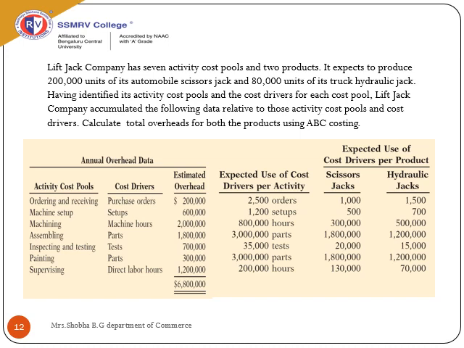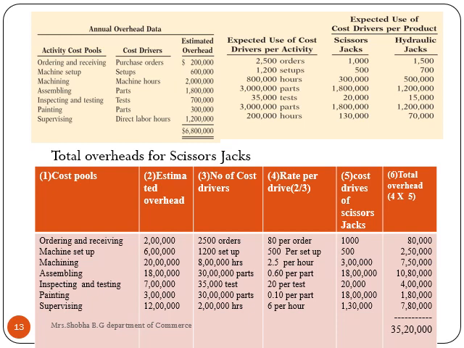So to conclude, you can find in the table the activity cost pools, then the drivers, then the estimated overhead, then the estimated cost drivers, then the actual cost drivers for both of the products. In this slide we will be calculating the total overhead spent for the scissors jacks according to activity based costing.